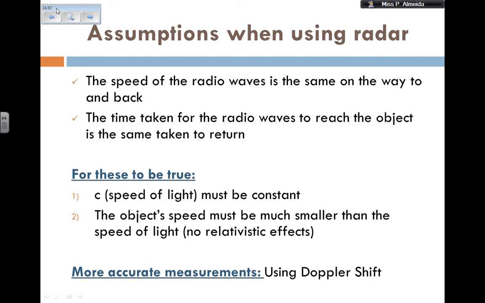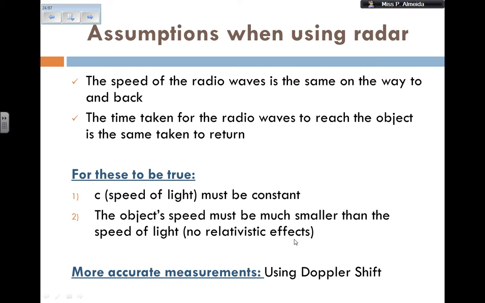So I do not have any relativistic effects, which within the solar system is fine, because to start to get relativistic effects, I would have to be at a velocity of 0.42 times the speed of light or more. That's not really happening in the solar system. So all these assumptions are pretty good. The results that I get using radar are very, very good, okay?